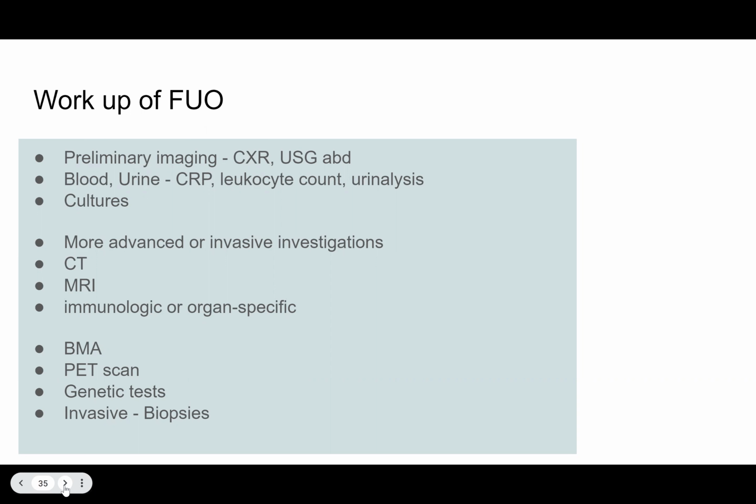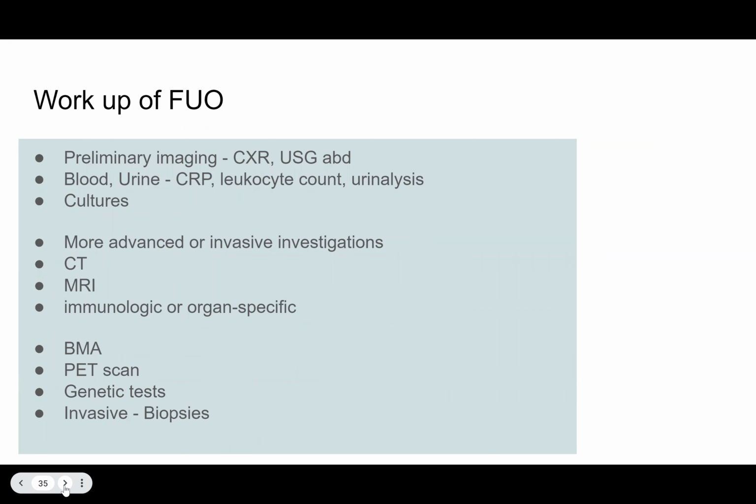Then if nothing turns up, we will go for more invasive, more expensive investigations like a bone marrow aspiration with biopsy. We will do bone marrow cultures, then a PET scan like this one, and genetic tests, for example to find infectious causes like 16S rRNA, or invasive FNACs or biopsies.